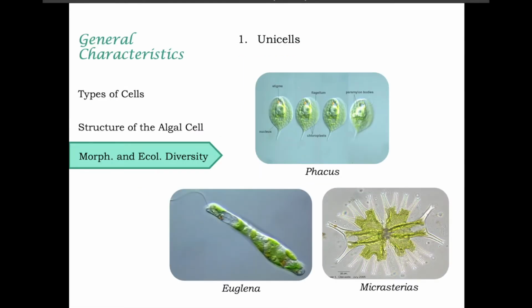In terms of morphological diversity, the polyphyletic group algae does not disappoint. We have unicellular representatives like Pyrocystis, again with a prominent stigma, and the one that we encountered earlier, like your Euglena, the one with rhodopsin, and also a stigma.